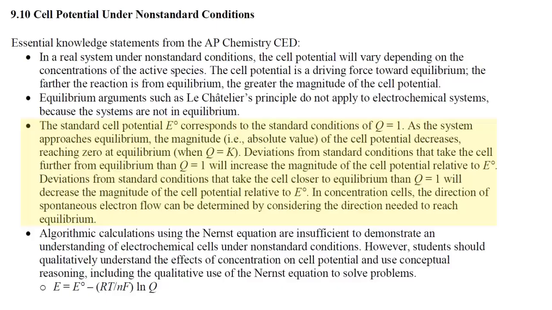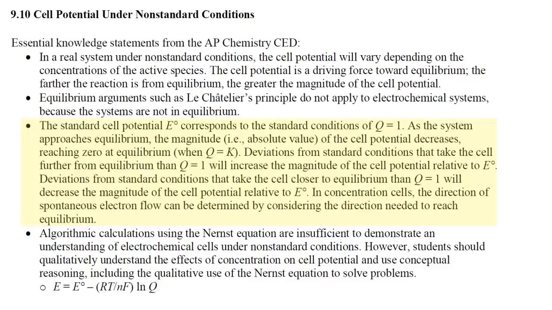As highlighted on this slide, the standard cell potential corresponds to the standard conditions of Q equals 1. But as the system approaches equilibrium, the magnitude, that is the absolute value of the cell potential, decreases, eventually reaching 0 at equilibrium when Q equals K.